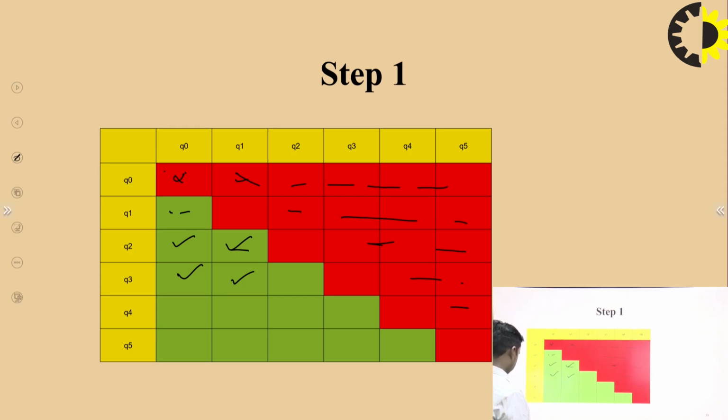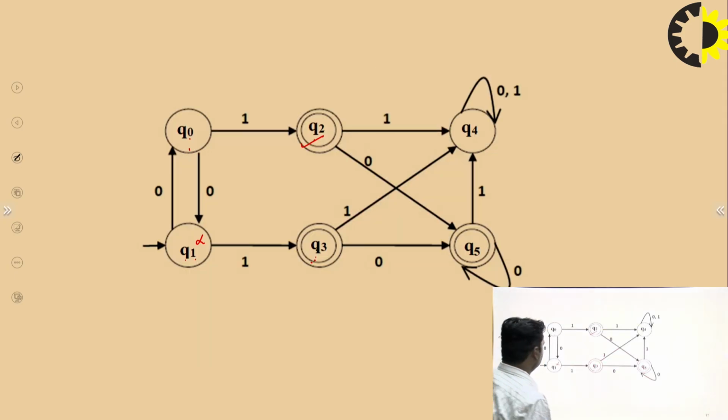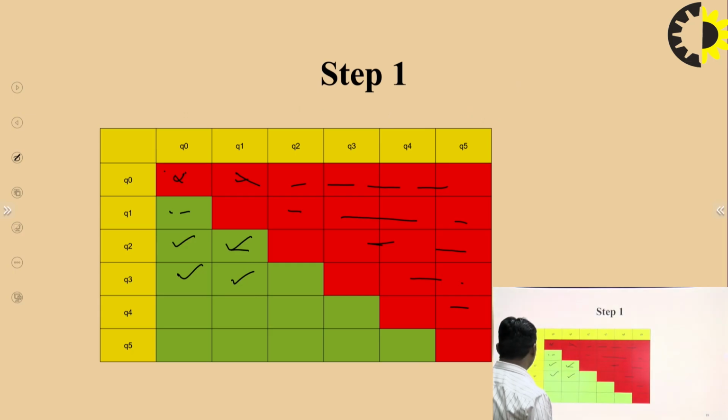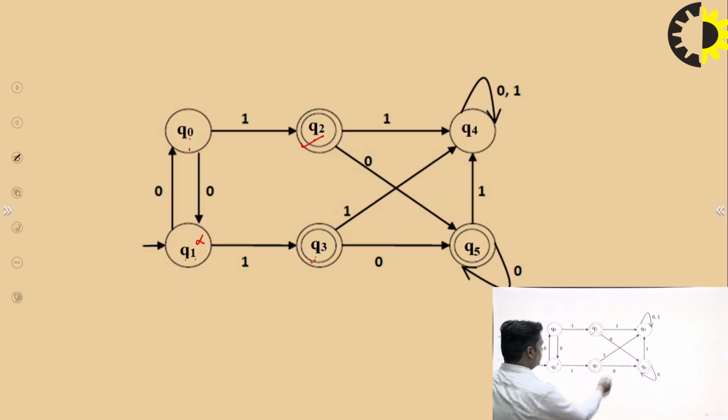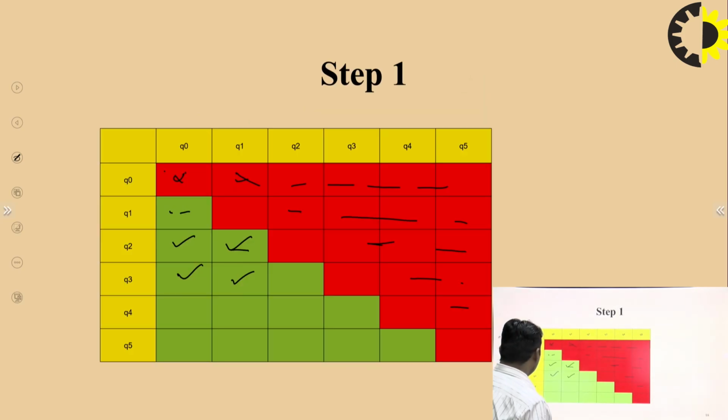Q4, Q0. Both states are non-final, so we will not mark it. Q4, Q1. Both states are non-final, so we will not mark it. Q4, Q2.